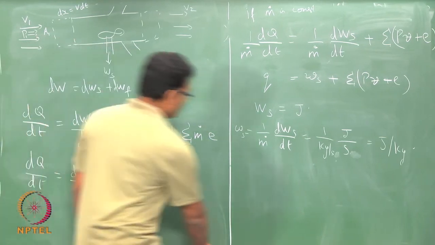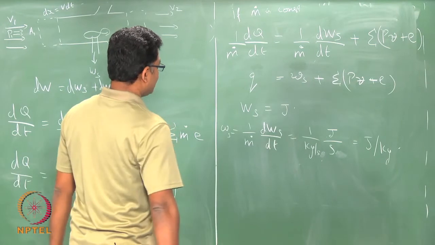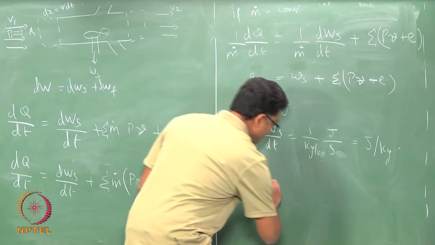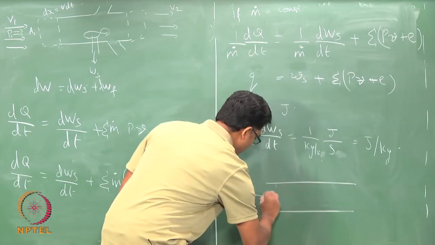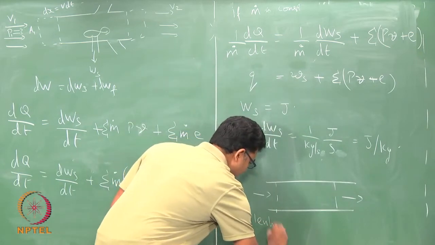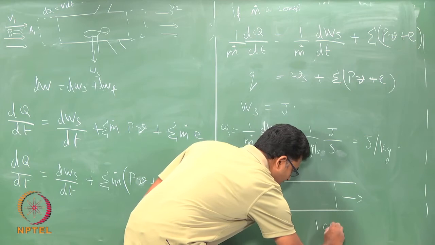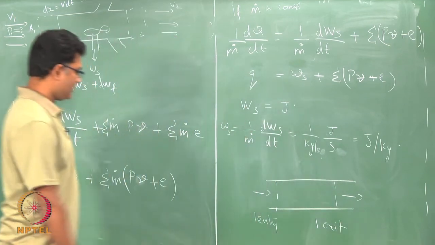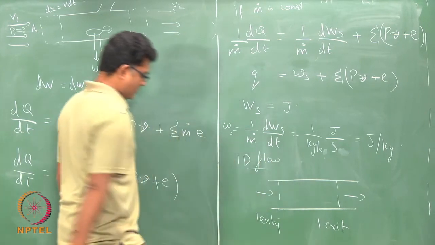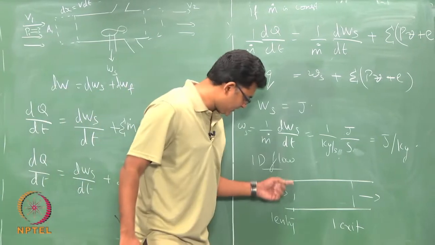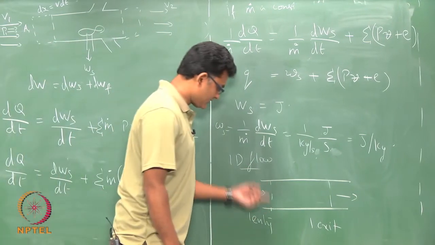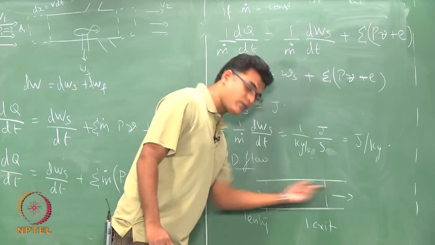Fine. Now, we will see. If I have one entry and again one exit, and it is a 1D flow, the velocity at each of these points in one cross section is the same. So, there is no dependence on this direction. The velocity changes only in one direction.